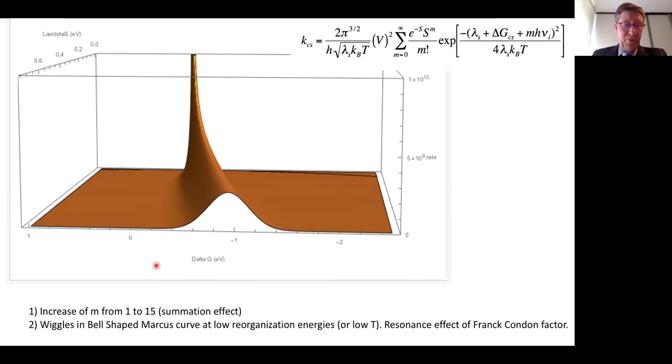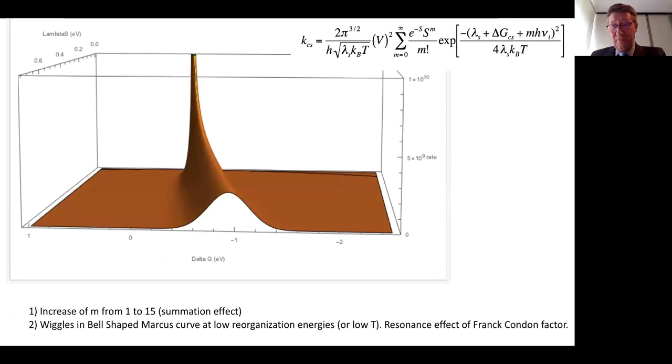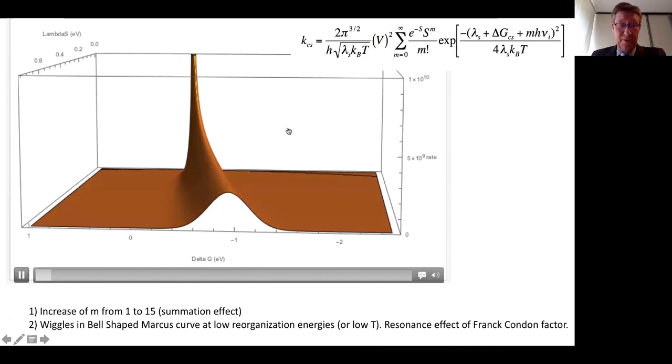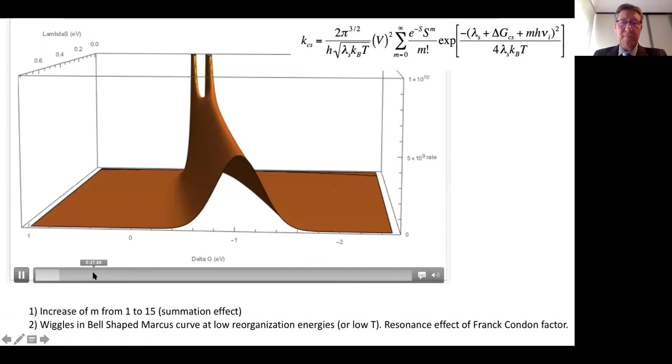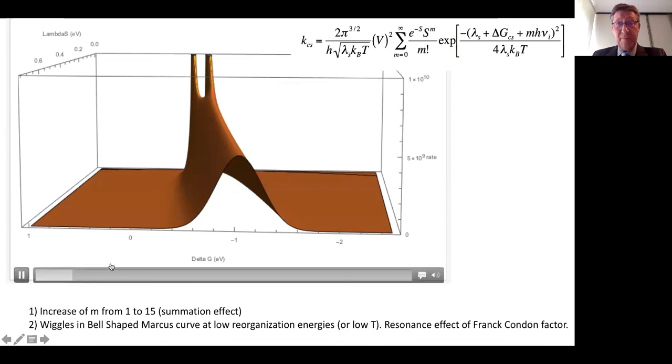But now we can do a little trick. I hope we can. We can see what happens if we increase m from 1 going to 2 and up. We go up to 3, all the way up to m is 15.